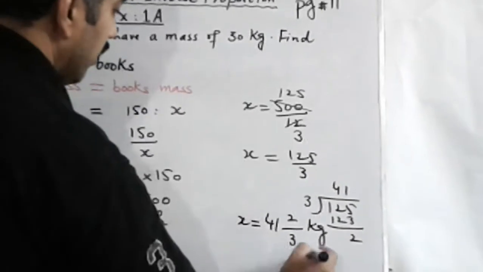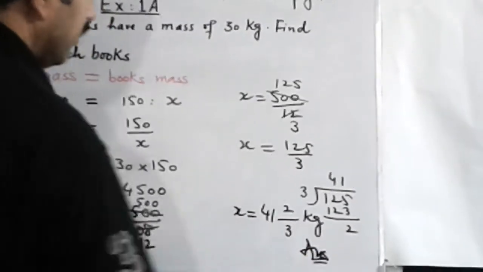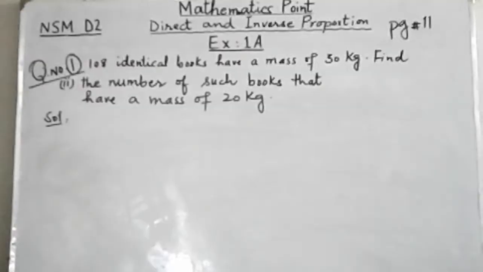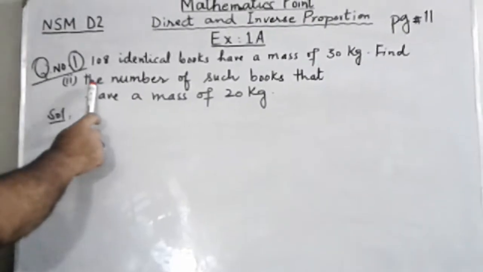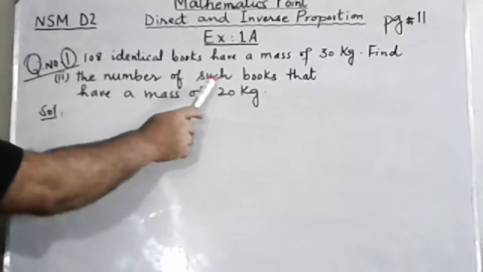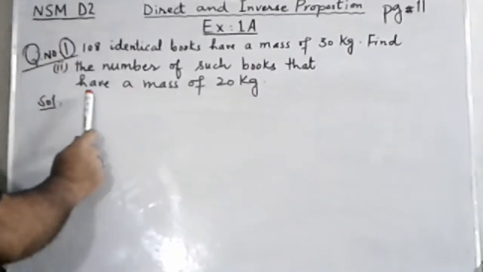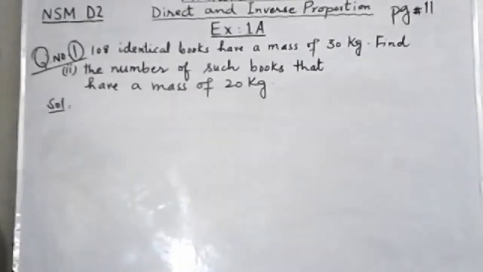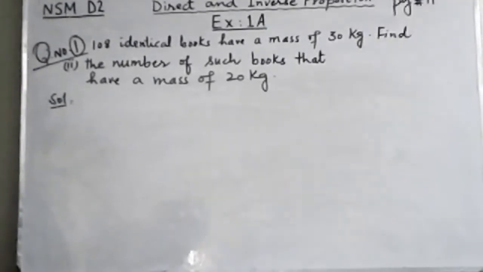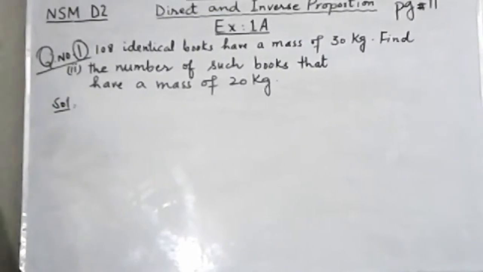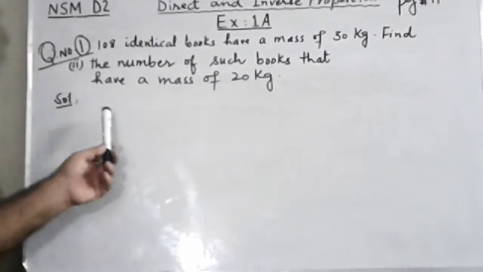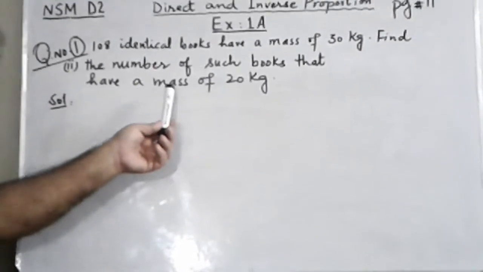Students, this is the answer. Now in part 2, we have to find the number of such books that have a mass of 20 kg. So in this question, we have to find out the number of books having the mass of 20 kg.